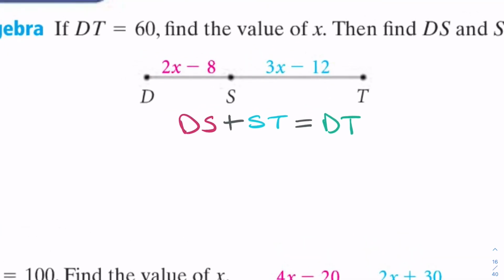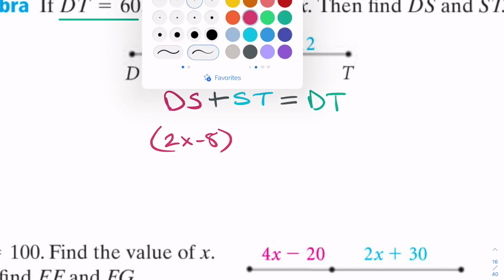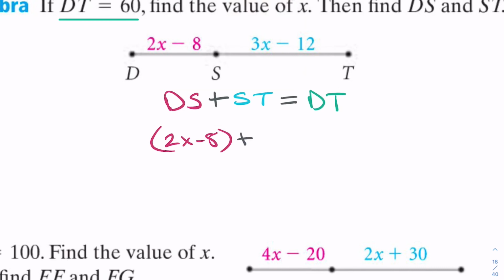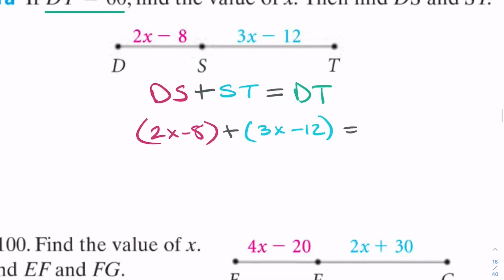So I'm going to underline that first. And I will do DS, which is 2x minus 8, plus ST, which is 3x minus 12, is equal to DT, which is 60. And what I did was I used the segment addition postulate and I used substitution to put it all together.